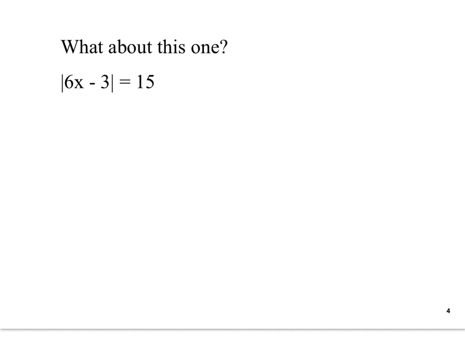So the basic idea is if I have an absolute value equal to a number, we have to say, okay, well, that absolute value could be equal to 15, but what is inside the absolute value could also be equal to negative 15. And we have to figure out the two possibilities for X. So that's really all there is to it.